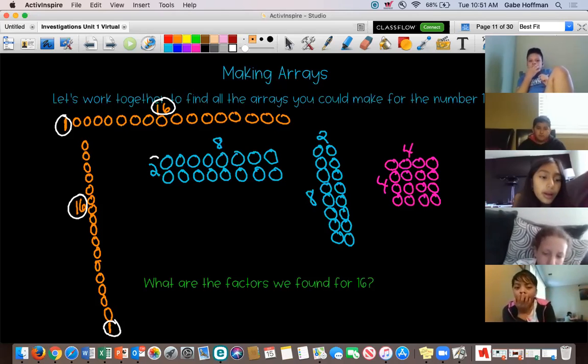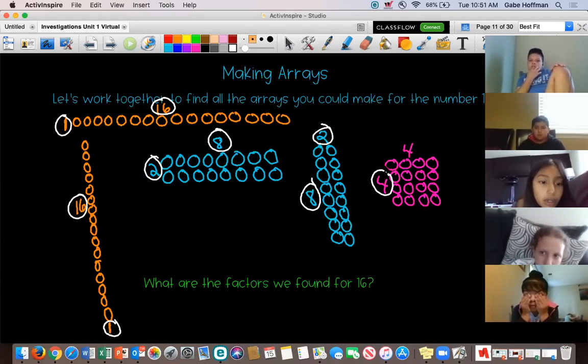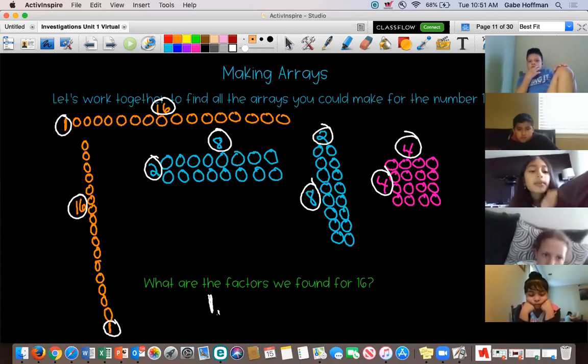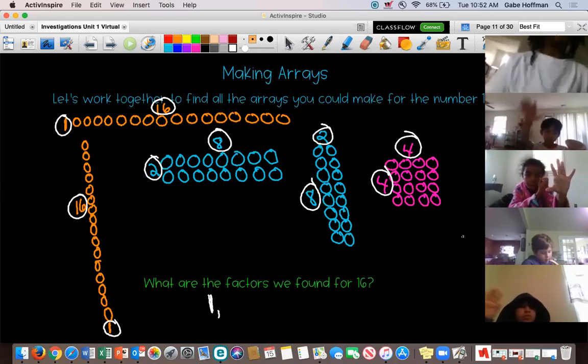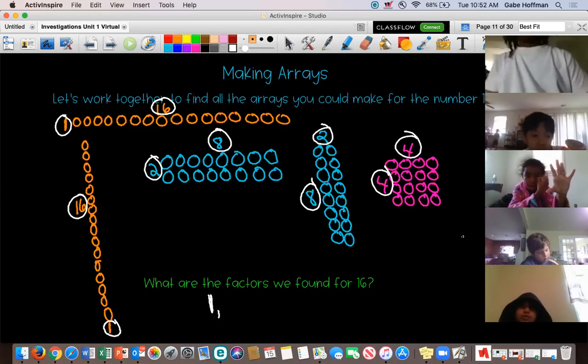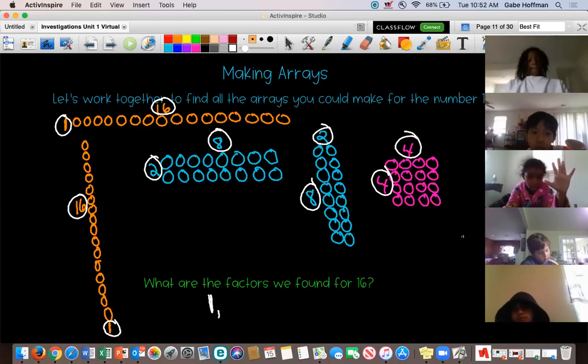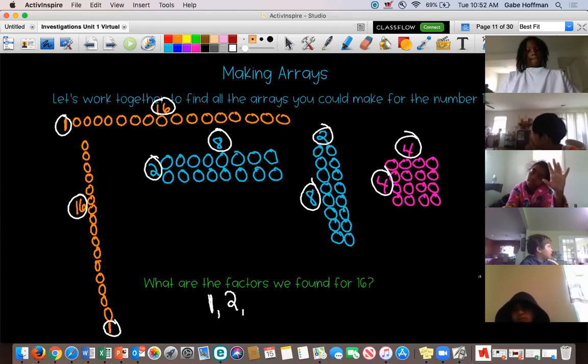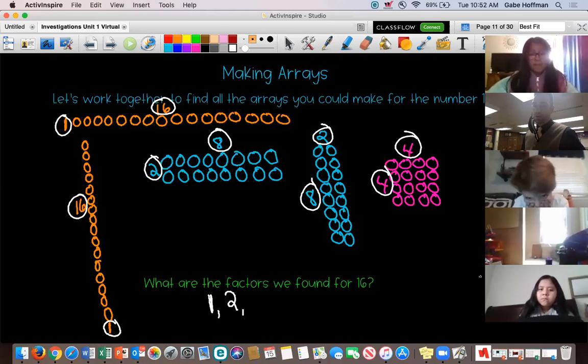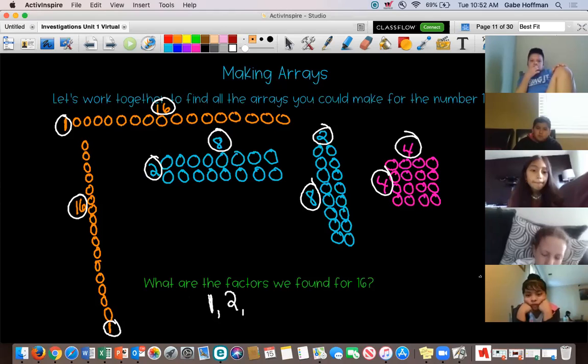What was the lowest number of all these that I'm circling? 1, right? So I'm going to list 1. What was my next lowest number of all the ones that I circled? Henry. 2. Thank you. What was my next lowest number that I circled besides all those numbers? Alex J.